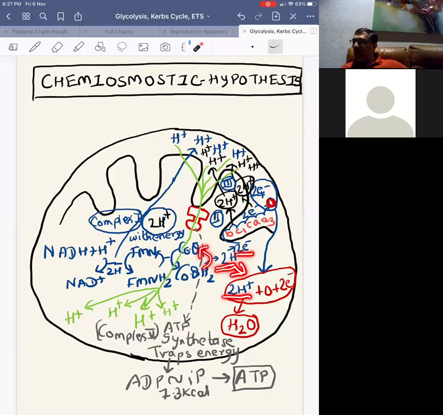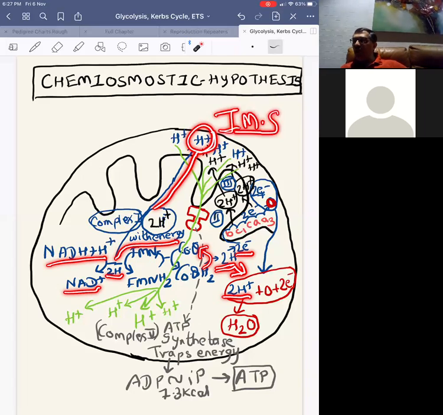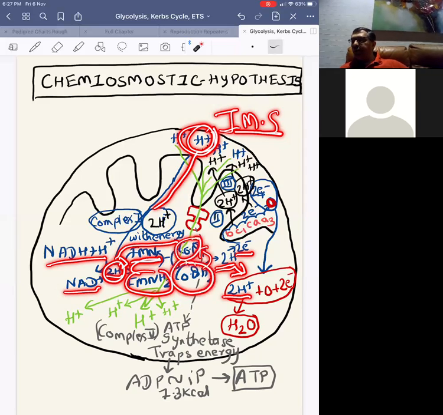Once again, NADH2 to NAD. 2 hydrogen were given out. उसमें से थोड़ी energy के साथ protons were pushed into the intermembranous space. So there are already protons in the intermembranous space. And this hydrogen was accepted by FMN to form FMNH2, which then combined with coenzyme Q to form coenzyme QH2.